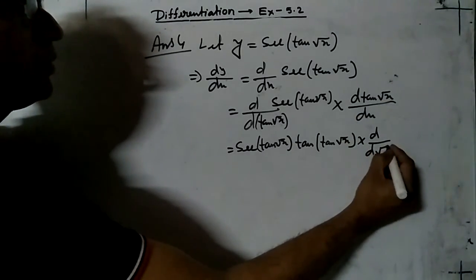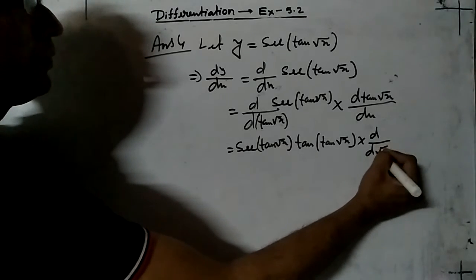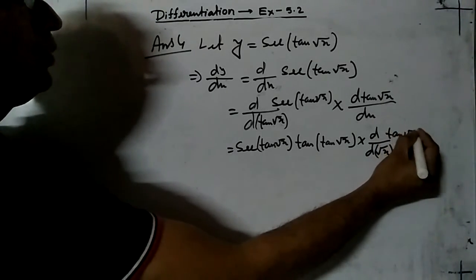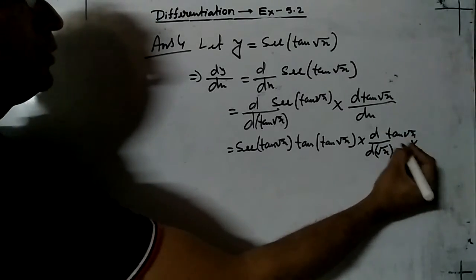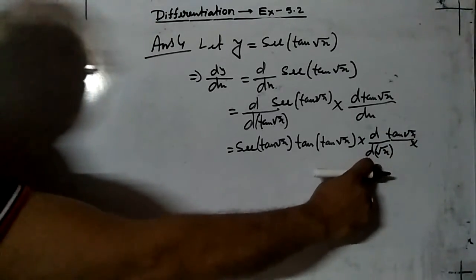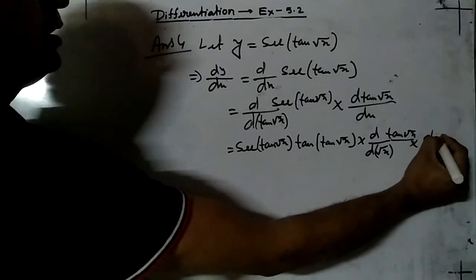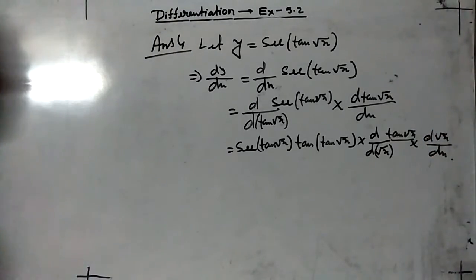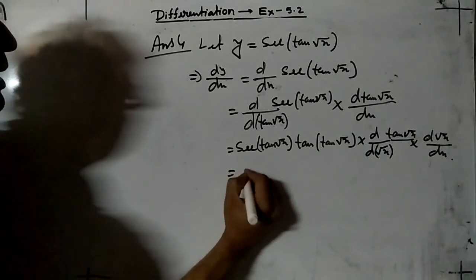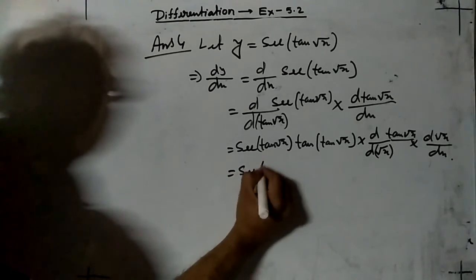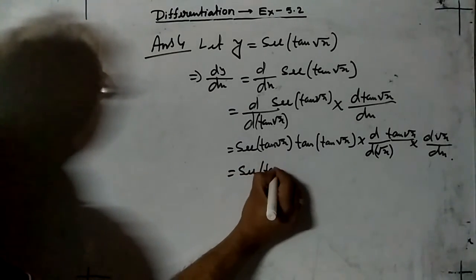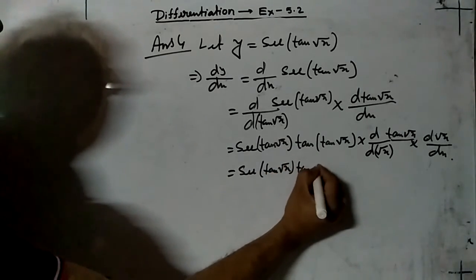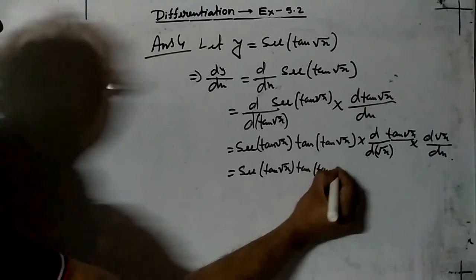So we have to differentiate with respect to root x: d by d root x of tan root x, and since we divided by the extra, we multiply also: d root x upon dx, right? Now this is sec of tan root x, tan of tan root x.